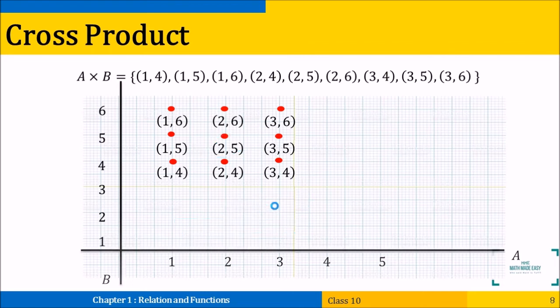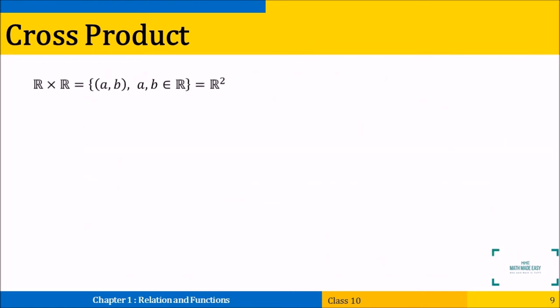So let's extend the set A to the real numbers and the set B to the real numbers. Let's consider the set A as the real number set and the set B again as the real number set.